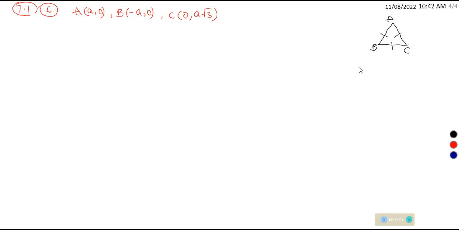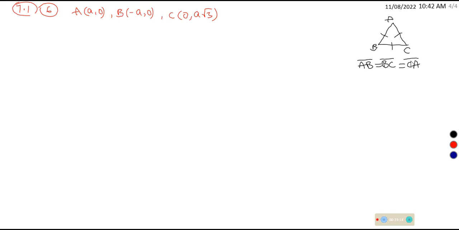Its sides should be equal. That is, AB should be equal to BC should be equal to CA. If all the sides of a triangle are equal, then we call that triangle an equilateral triangle. That you know already, right?